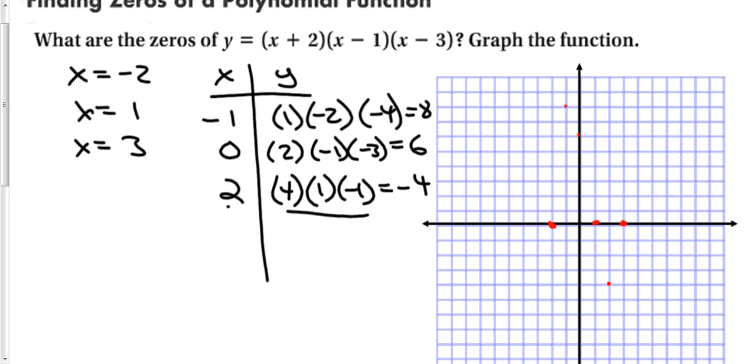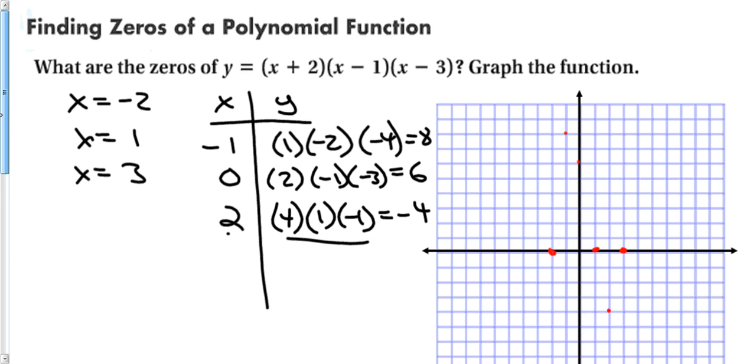Remember back to last section when we talked about end behavior. If I happen to know the lead term of this polynomial, which I can figure out by multiplying all these first terms together, x times x times x gives me x to the third.